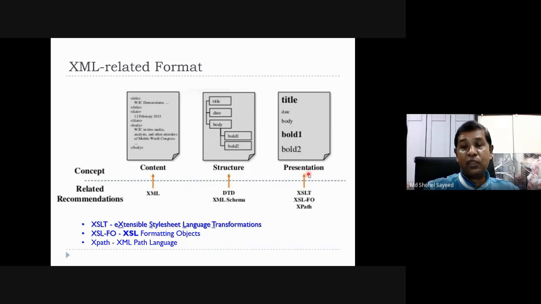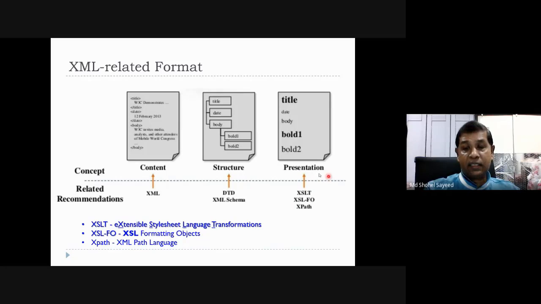For presentation you can use XSLT, which means extensible style sheet language transformations, or you can use XSL-FO, which means XSL formatting objects, or you can use XPath, which means XML path language.